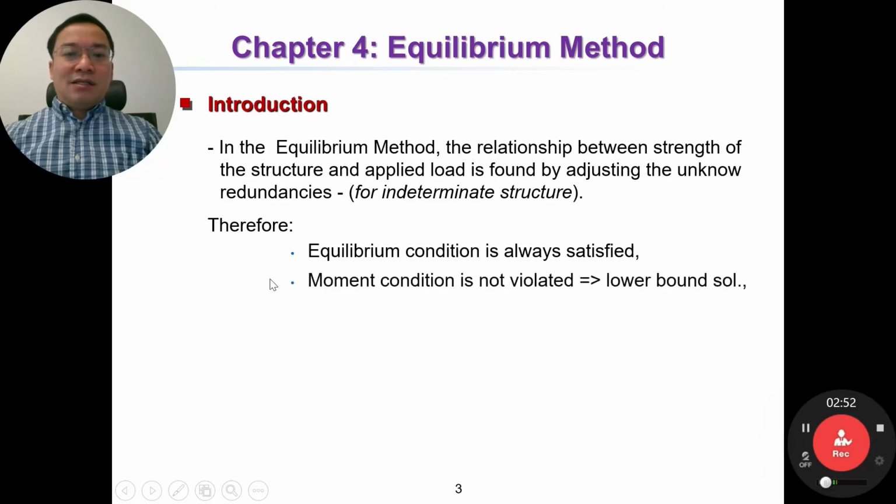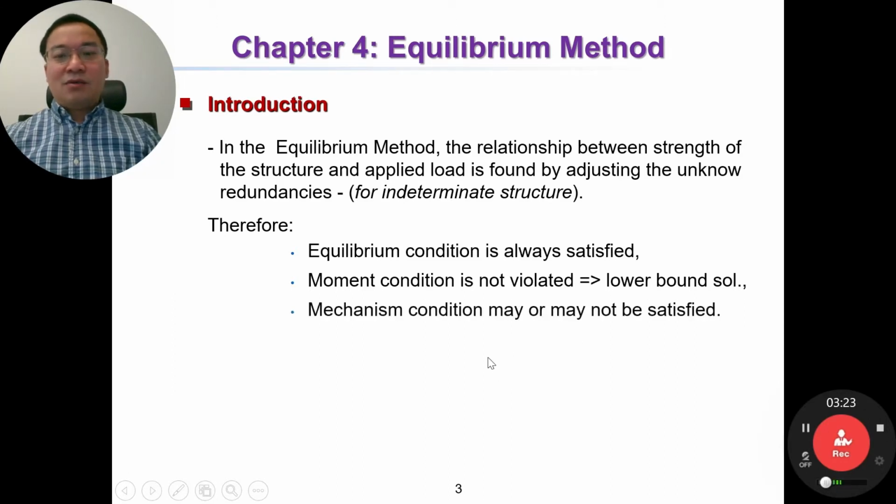The second is that the moment condition is not violated. So because of that, we call it a lower bound solution. The moment condition is always okay; M is always smaller than Mp.